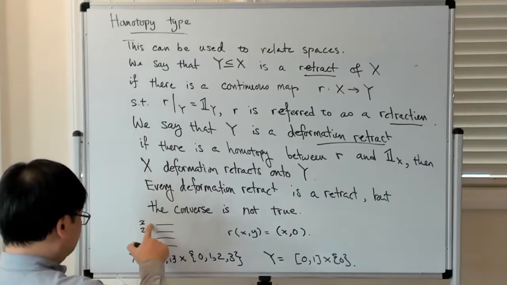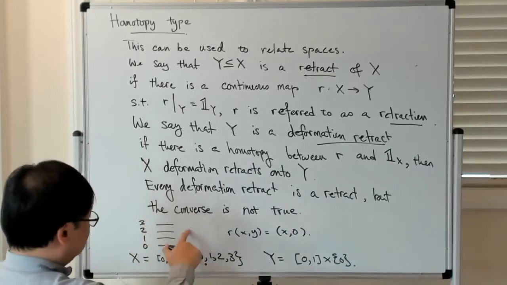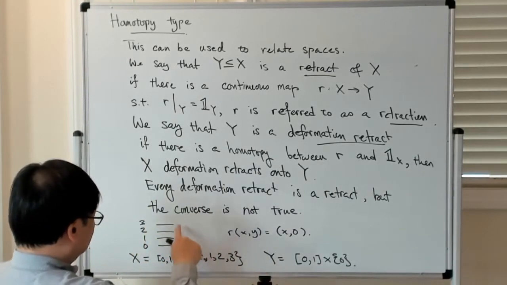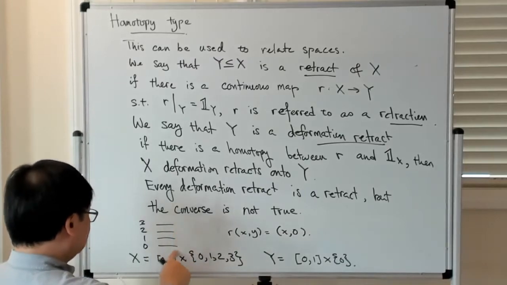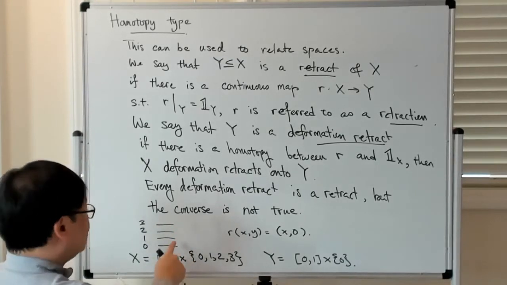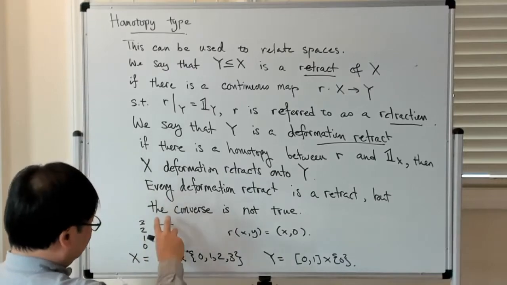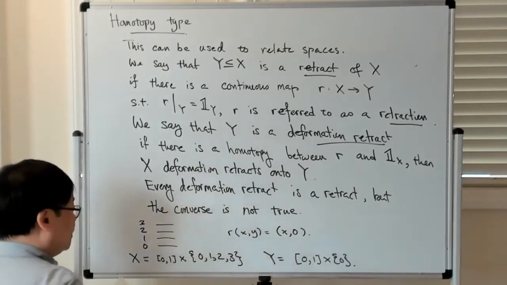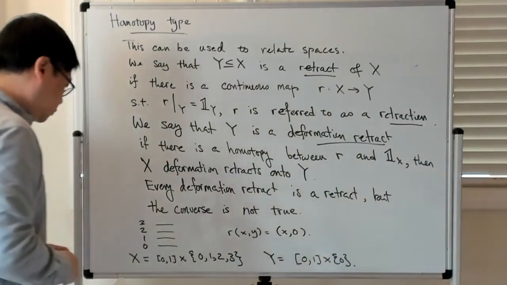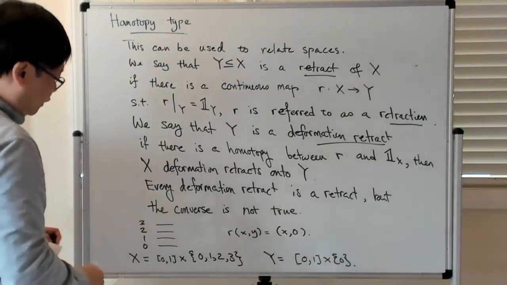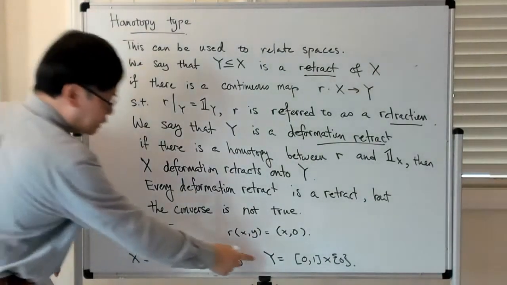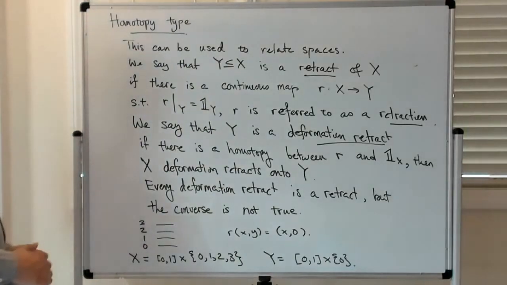So this kind of foliated space retracts to just one copy, but it's not a deformation retract because you can't smoothly do this while staying in X. So that's an example where Y is a retract of X, but not a deformation retract of it.